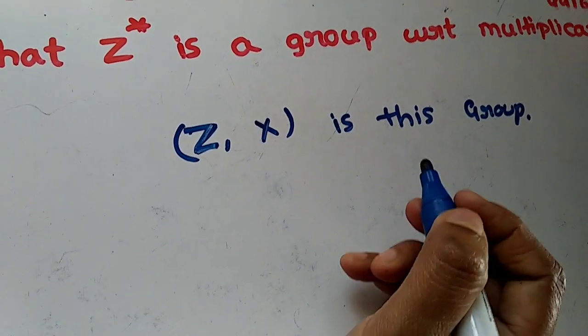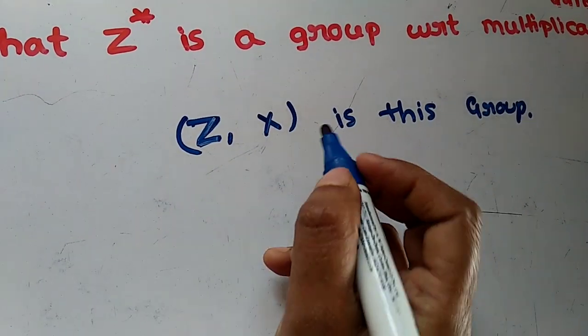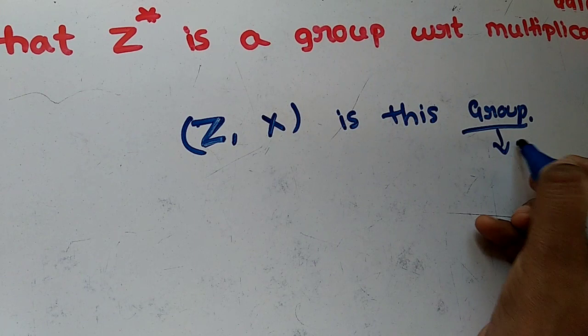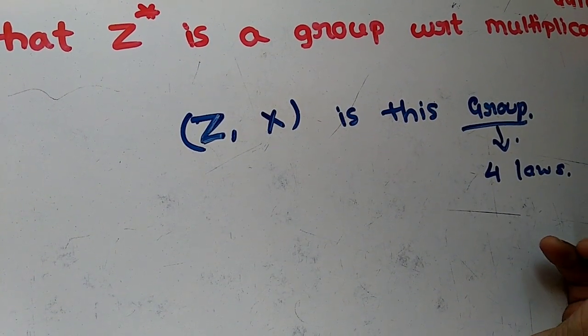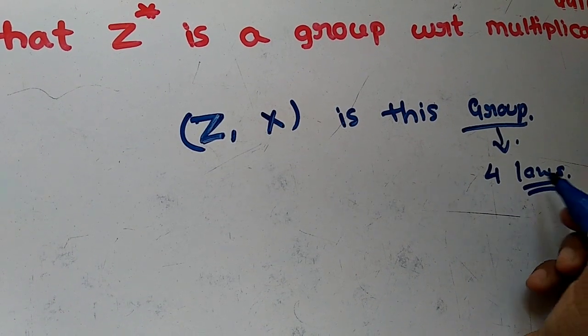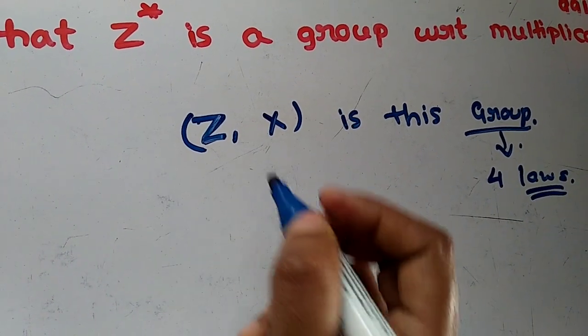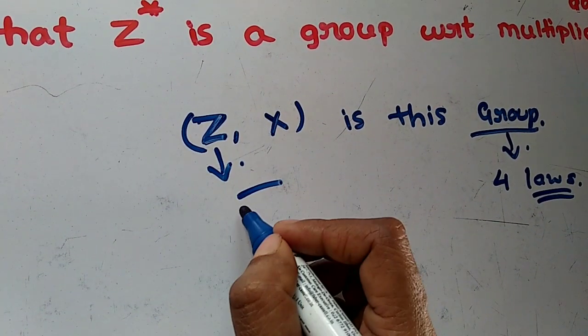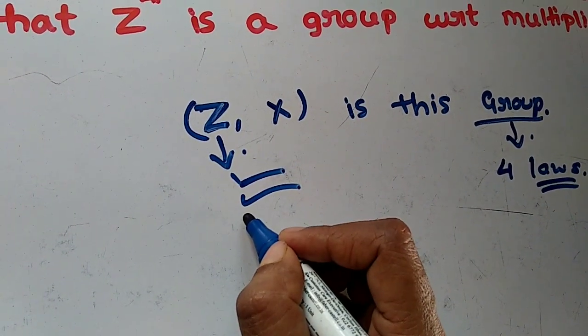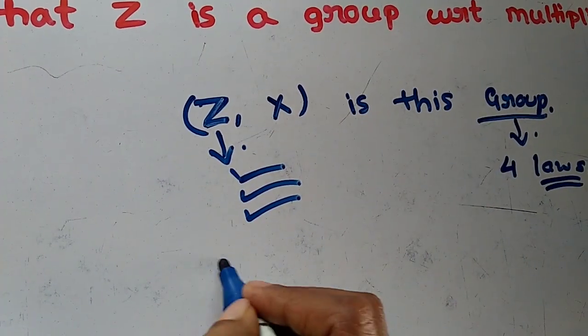So why is it not a group? For satisfying the group, how many laws should be satisfied? Four laws. So just look here, friends. The closure law is satisfied and the associative law is satisfied, and then the identity law. What is the identity law?